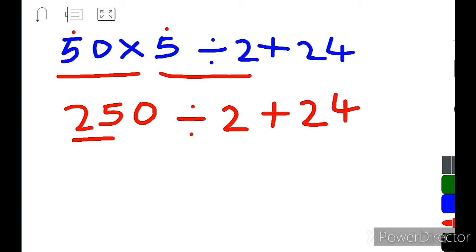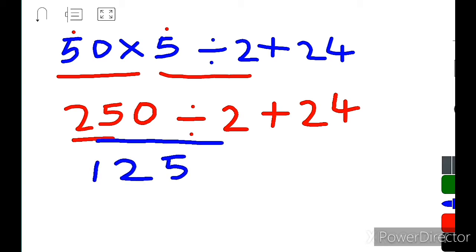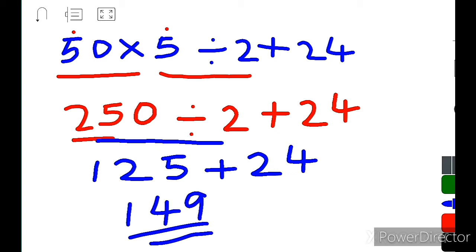Now in this first we will do the division part, that is 250 divided by 2. The answer comes as 125 plus 24, whatever is remaining. So your answer will be 149. Understanding, students?